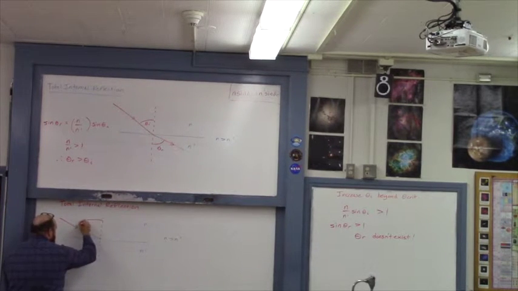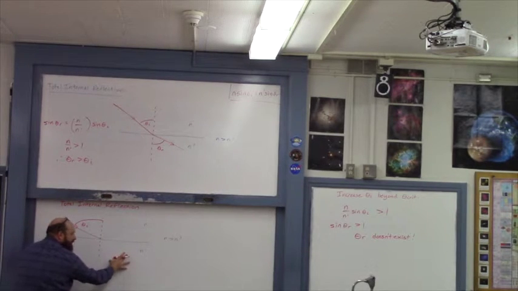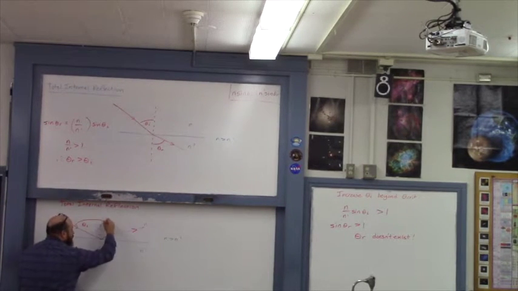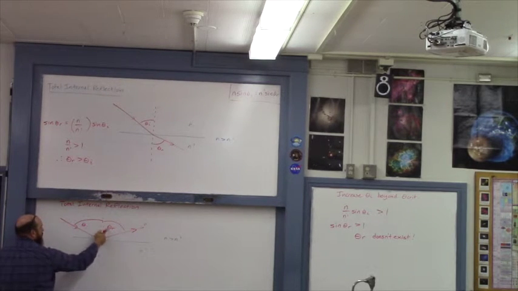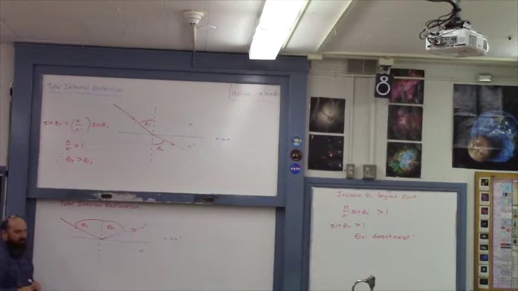So right here is the angle of incidence, and this is greater than the critical angle. The refracted angle literally doesn't exist, so no light refracts at all. All of the light stays in the water, like so, where this right here is the angle of reflection, not refraction, where these two angles are the same. All of the light stays here, that's why we call this total internal reflection.